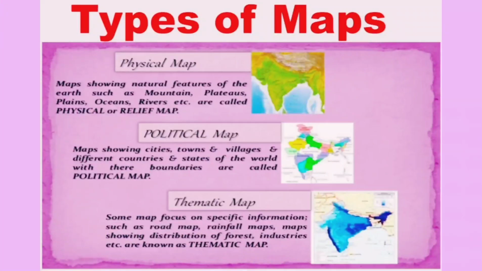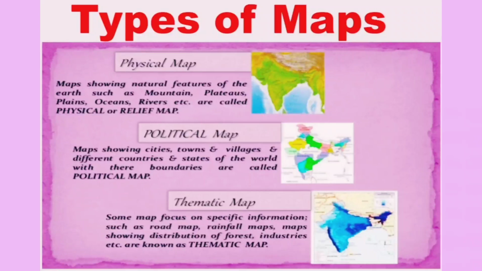Types of maps. Physical map. Maps showing natural features of the earth such as mountains, plateaus, plains, oceans, rivers, etc. are called physical maps. Political map.